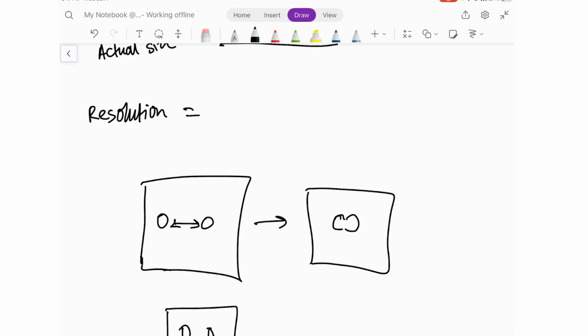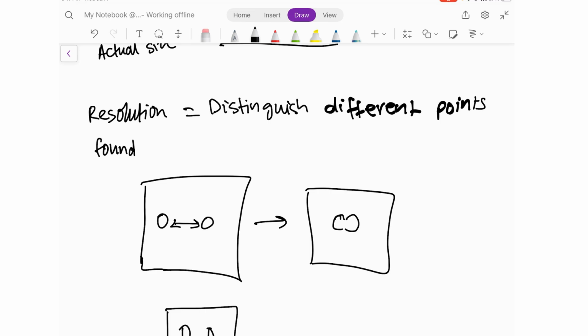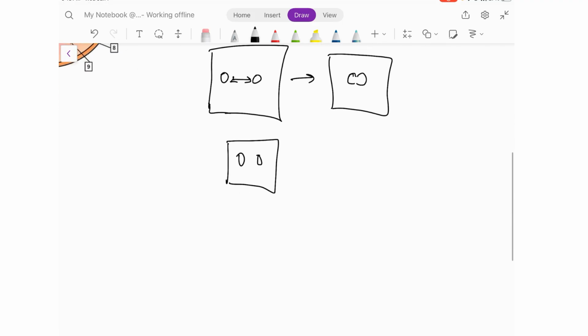So the resolution is the microscope's ability to distinguish different points found on an image as separate. So this in turn enables us to judge the clarity of the image.